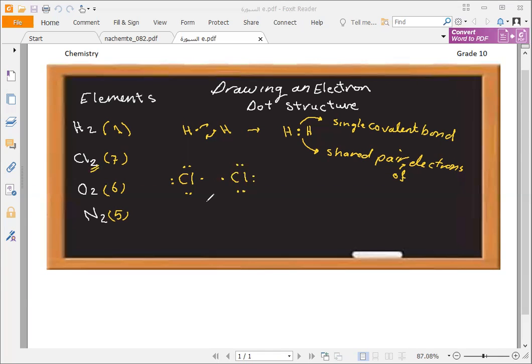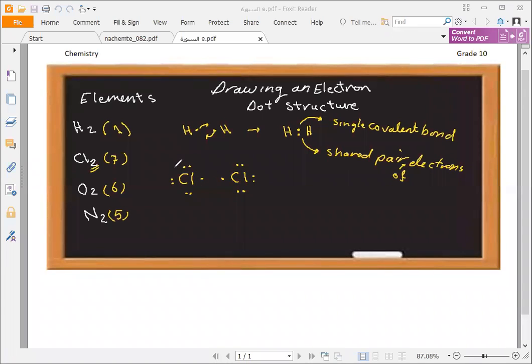Which type of covalent bond can they form between each other? How many pairs can we put between them? One pair. Why?